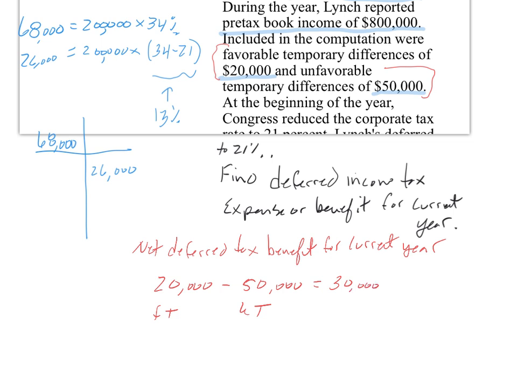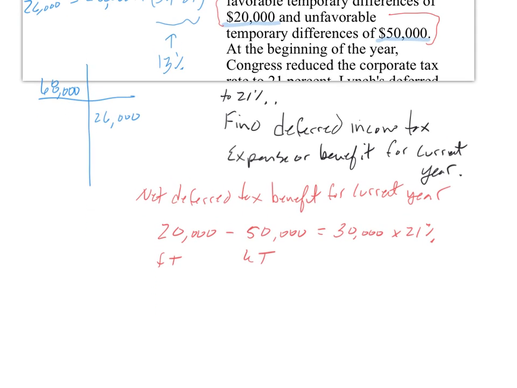But remember, in order to find the deferred tax benefit, we have to multiply that by 21%. And so our current year tax benefit is that $30,000 times 21%.